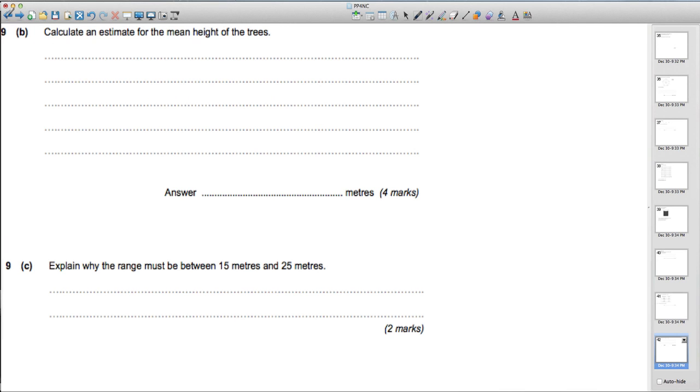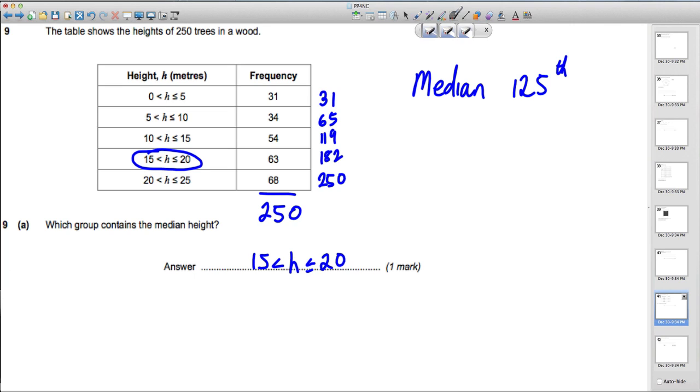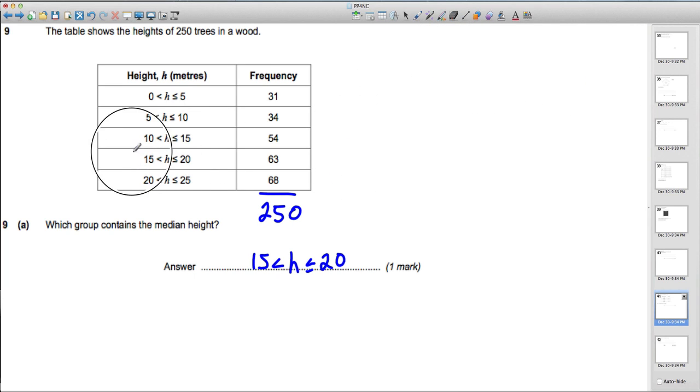Calculate an estimate for the mean height of the trees. If you want to work out an estimate for the mean, go back to this diagram here. For an estimate from a grouped table, take the midpoint, the middle value of the group, and then multiply the frequency by the midpoint.